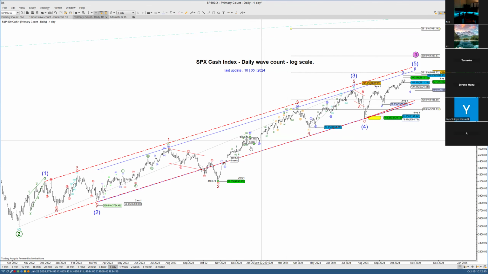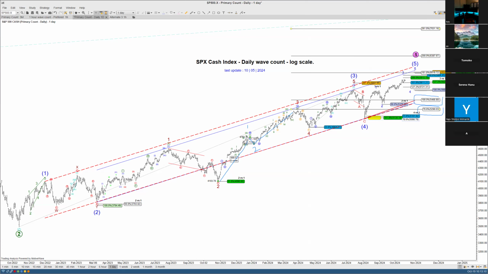If I put this like this, here's your 1, here's your 2, and here's your 3. You see that 3 right there? It's even shorter than 78.6. It has to at least satisfy a 100% relationship of 1. It's way too short.